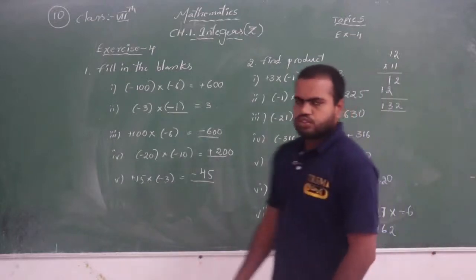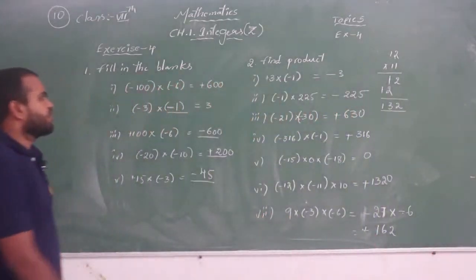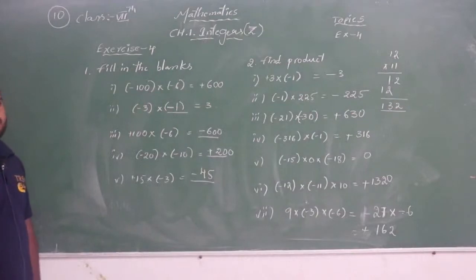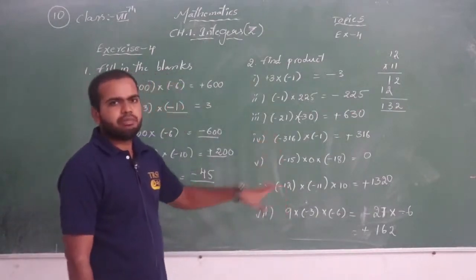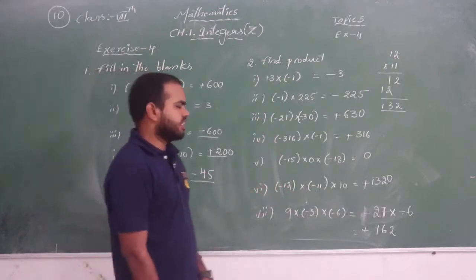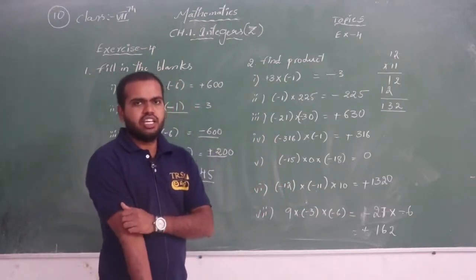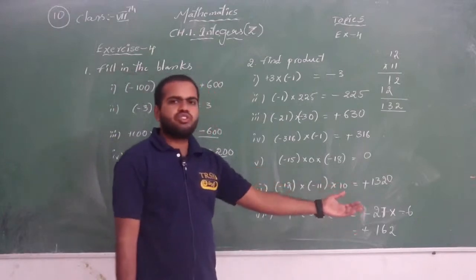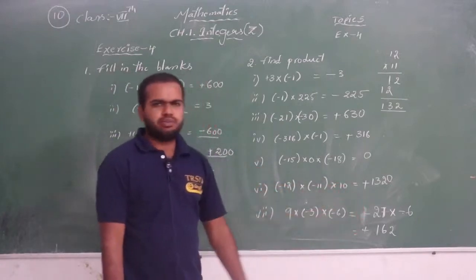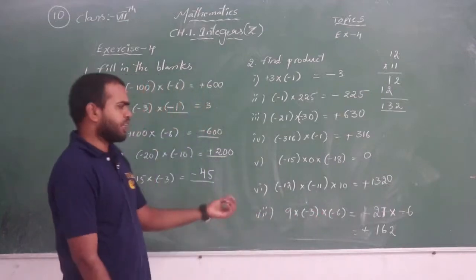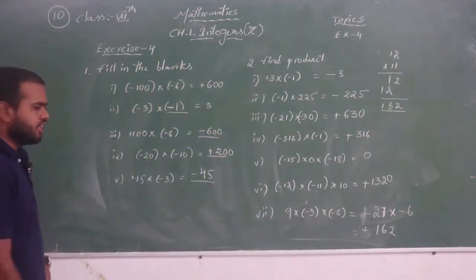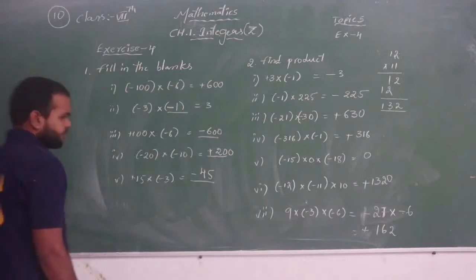So like this we have to find the product of any numbers. Just remember, you should be careful when you multiply negative integers with positive integers. Either the answer is positive or negative, you will do the multiplication, but the sign that the product has is very important.